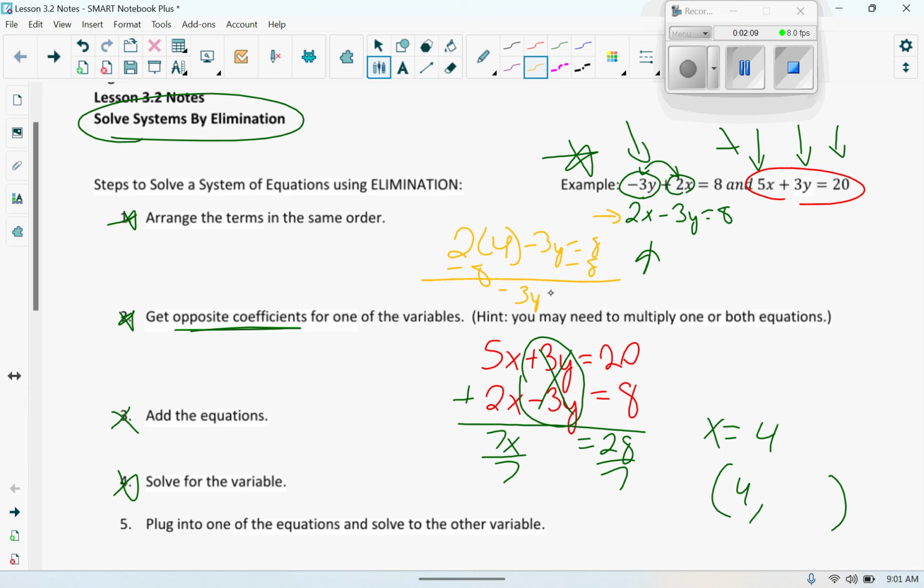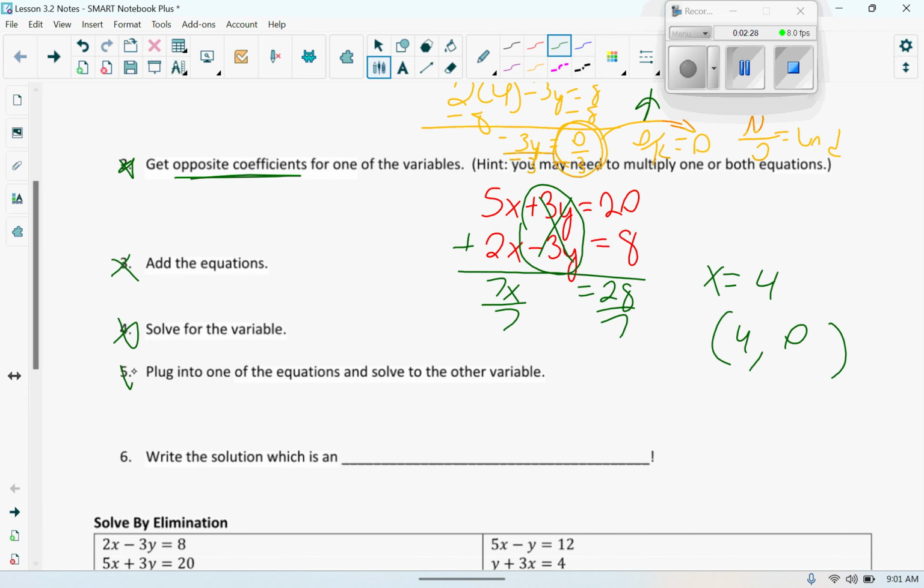So negative 3y is equal to 0, totally fine. Just going to divide by 3. 0 on top is okay. That's just 0. 0 on bottom is no way. That's when it's undefined. So this is totally fine, and it's just going to be 0. So our coordinate point is 4, 0.